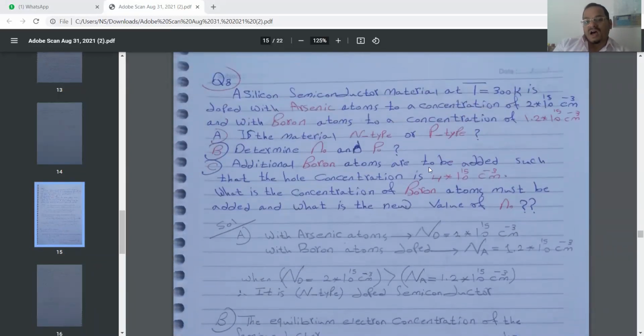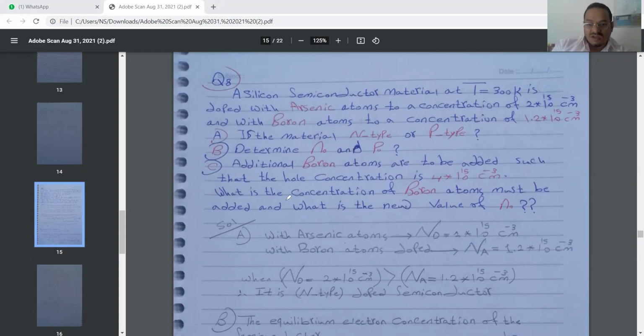Additional boron atoms are to be added such that the hole concentration, the new hole concentration, is changed. Let me write that here: p naught dash.